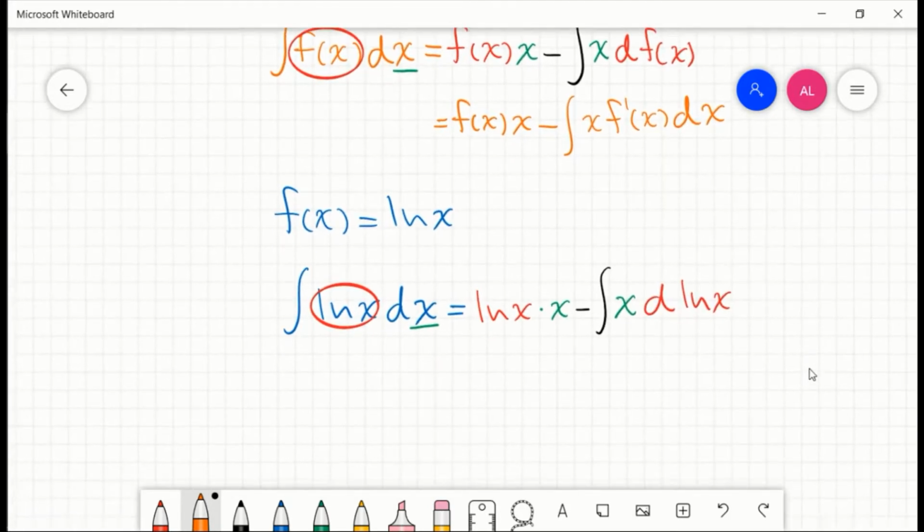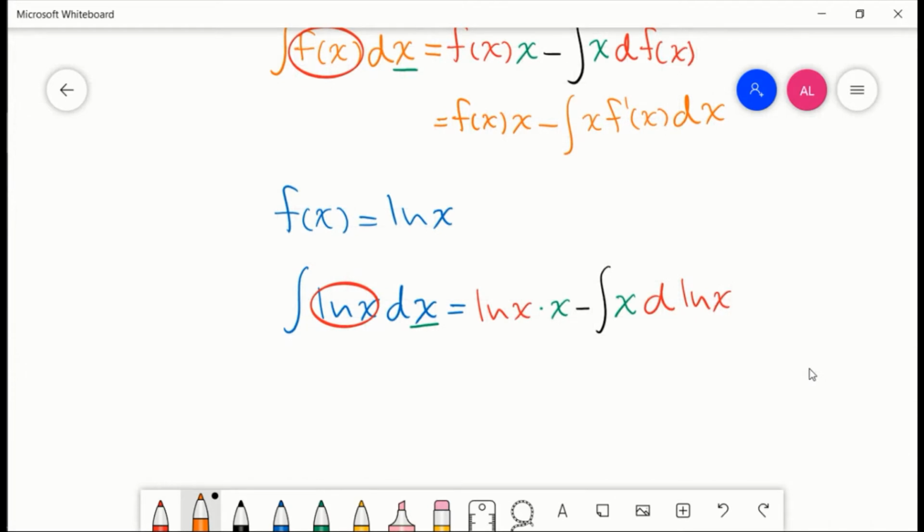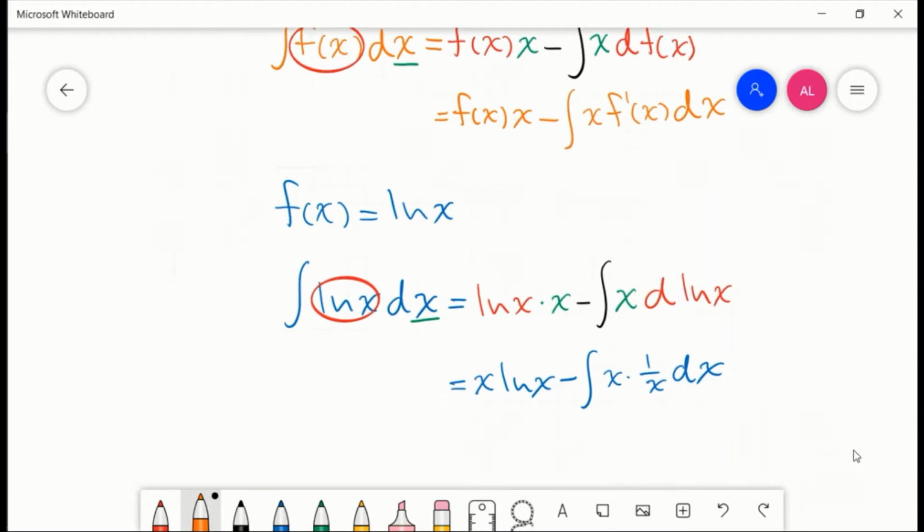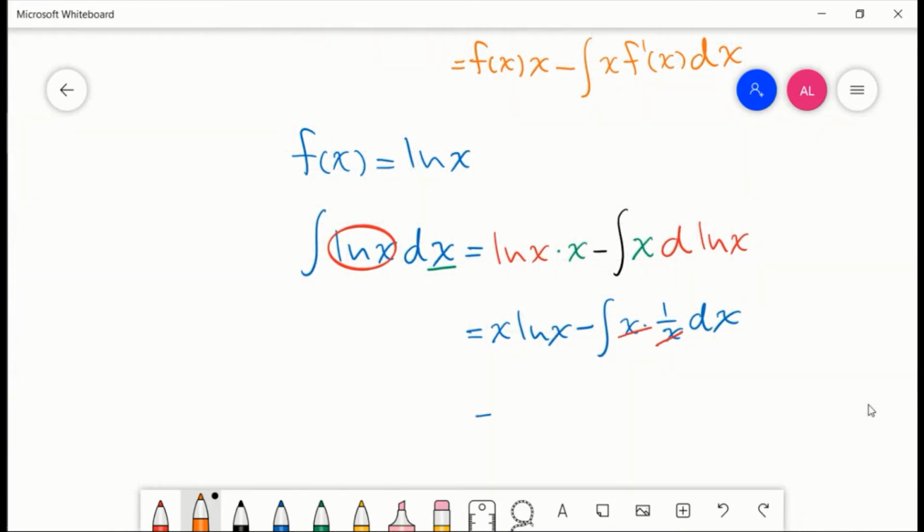And d of the natural log of x is the derivative of the natural log of x dx. And the derivative of the natural log of x is 1 over x. But now the integral of x times 1 over x, well, that's just the integral of 1, which is x. So just like that, we have that the integral of the natural log of x dx is x times the natural log of x minus x plus c.